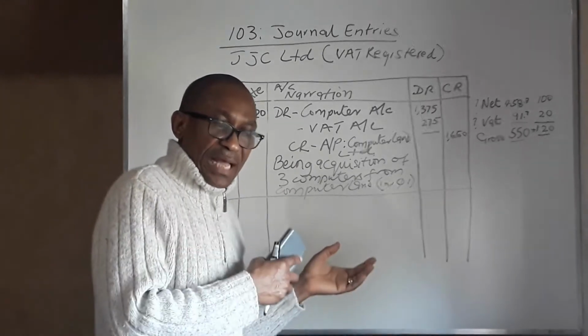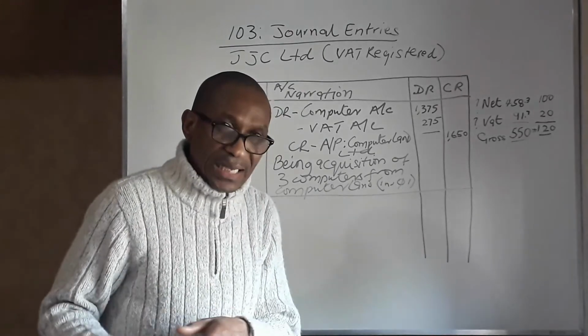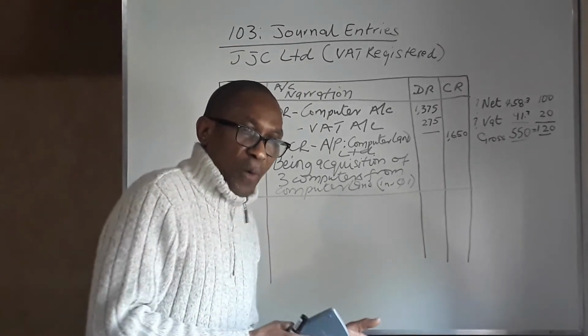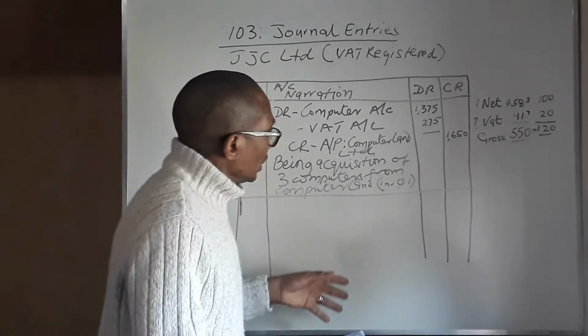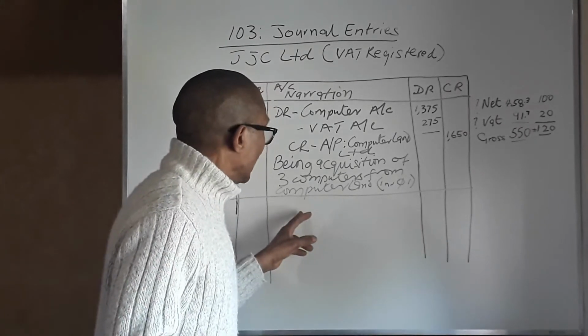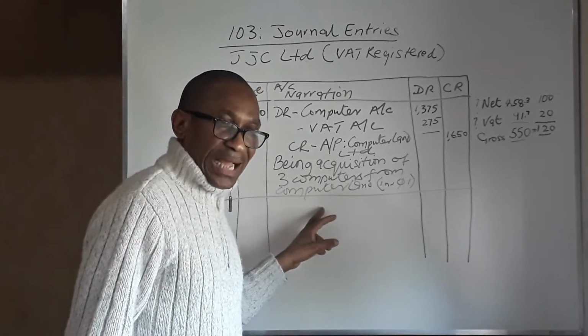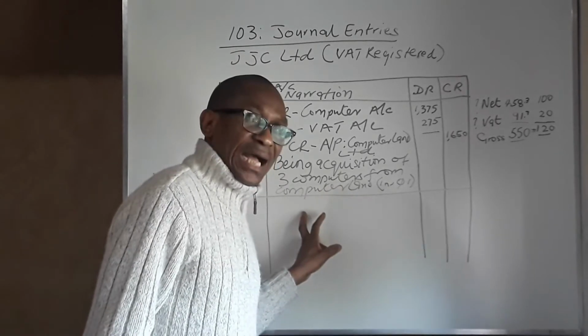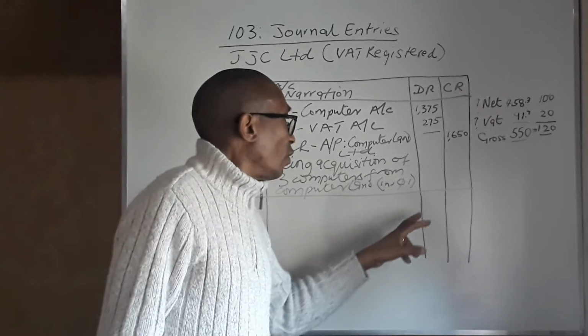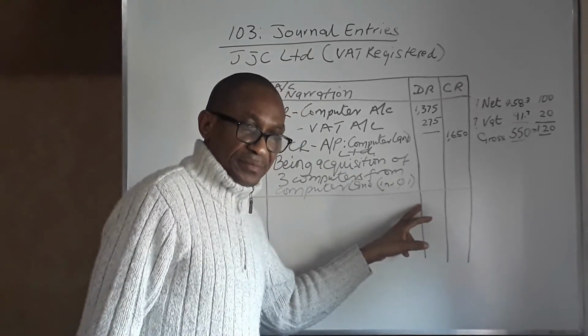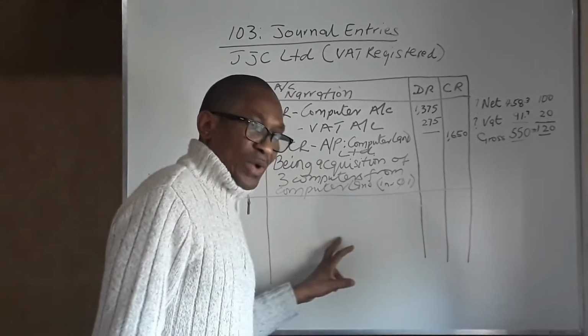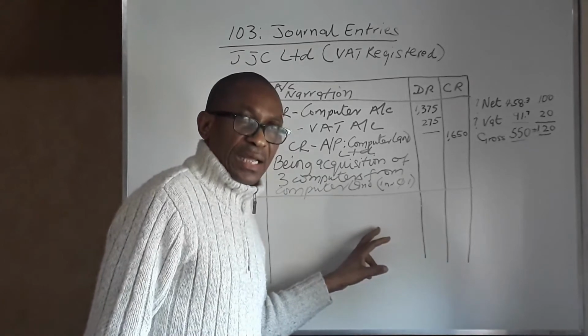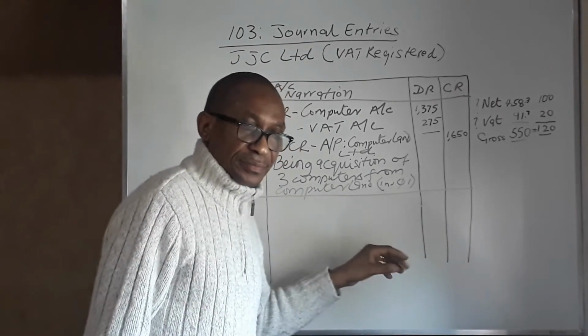Instead of writing Computerland Limited, it was written to computer account. So the error there was that instead of debiting Computerland in the account payable account for the payment, the computer asset account was debited with the 150, but the credit went properly to the bank account.